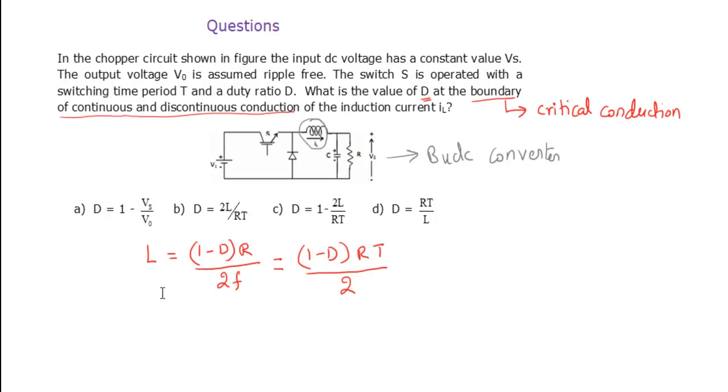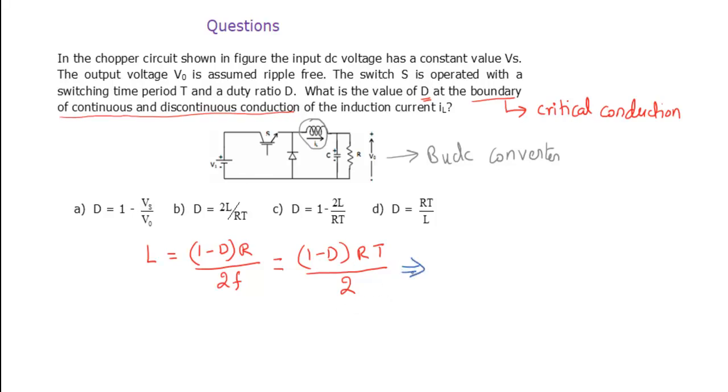We discussed in the buck converter critical conduction in terms of the inductance: L equal to (1 minus D) R by 2F. But by looking at the options, instead of F we have the T, that's why I am taking this 1 by F as T. So L equals (1 minus D) RT by 2. Now from here we need to take the D out.